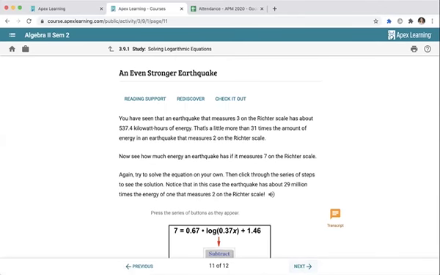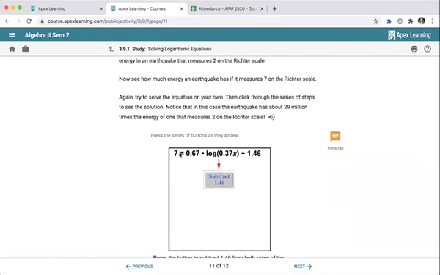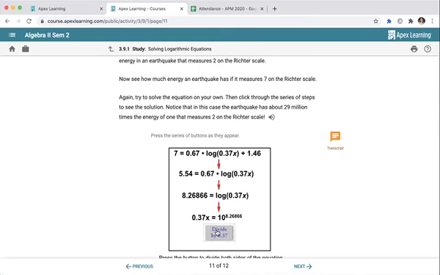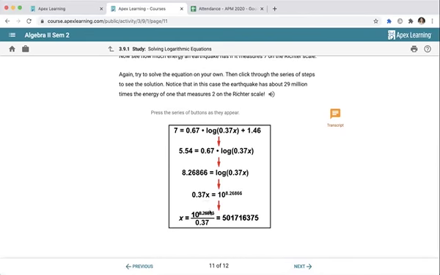If we look at an even stronger earthquake and ask the same thing, if you have a 7 on the Richter scale, it follows the exact same process. Subtract the constant, divide by the coefficient, use our definition, divide by that coefficient, and plug it into our calculator. Then we take this value and subtract that 17.3 to see the difference.